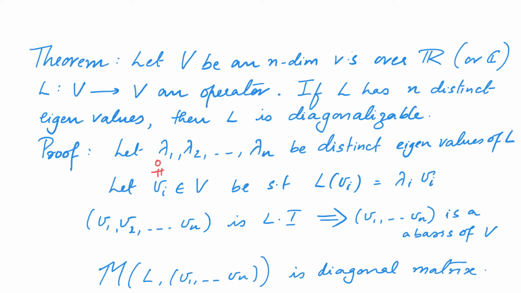Now, this is easy to see, but when I made a similar claim earlier, many of you were a little confused. Therefore, let me prove that this is indeed the case.